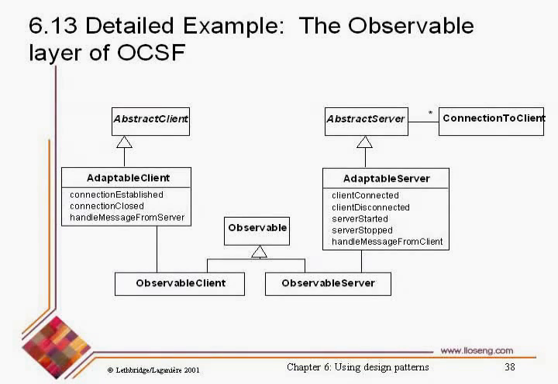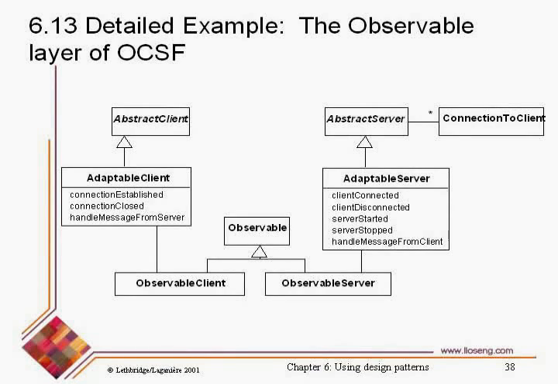Then we have this notion of observable connected up to this thing. We have a little observable hierarchy, and let's just worry about what's on the left-hand side. Observable is built into Java. Observable client is a subclass of observable. Any observable class is always a subclass of observable.